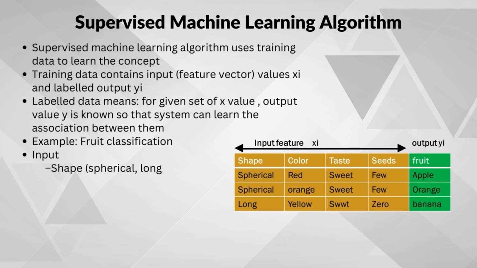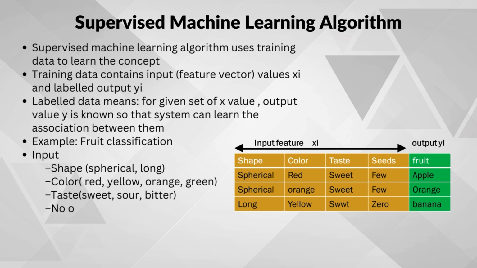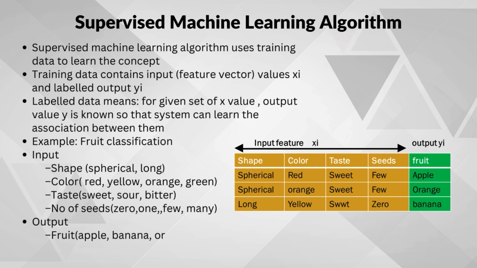So, what does labeled data means? Actually, for a given set of x value, output y should be known, so that system learns the association between the input values and the output values. Let us take an example.